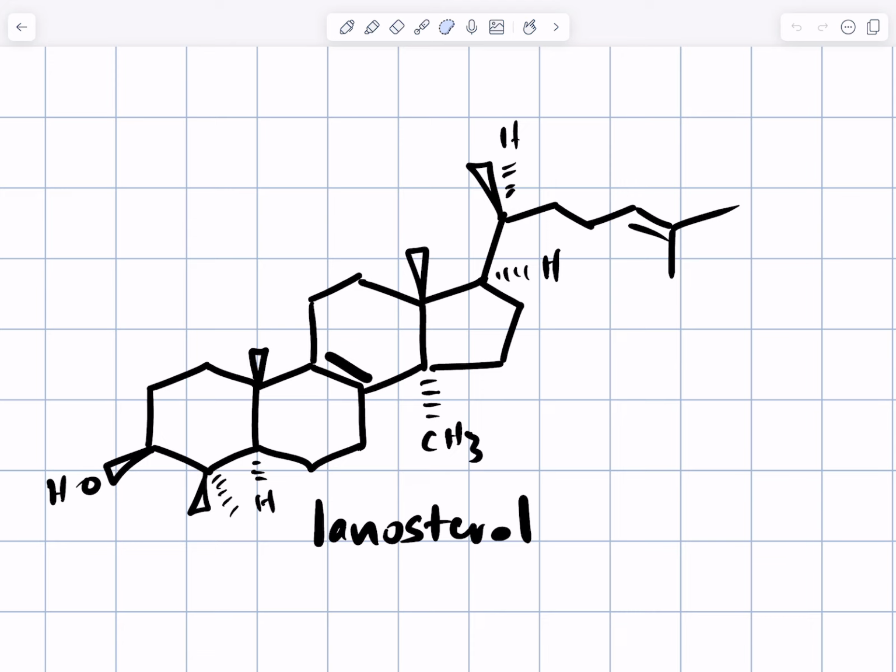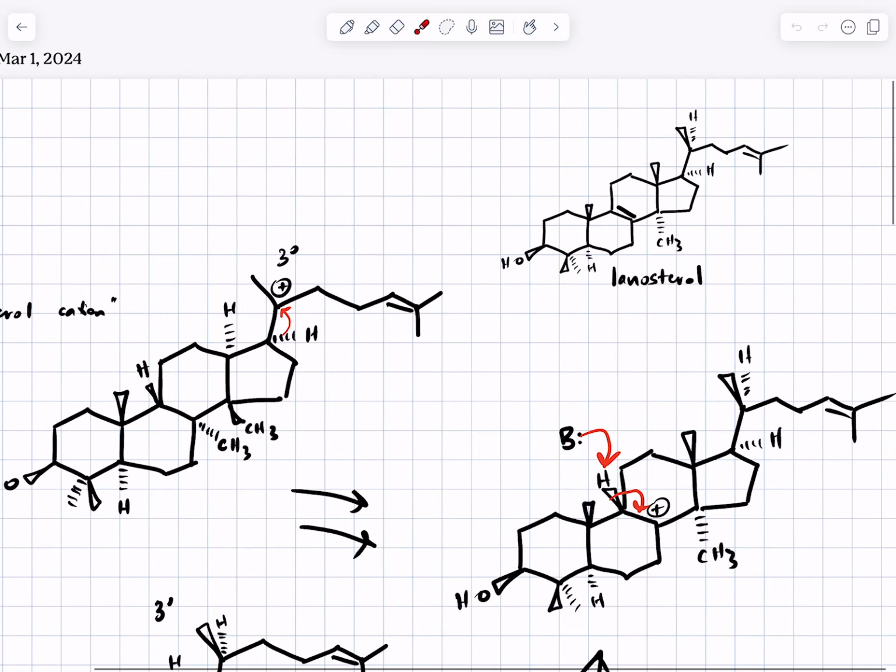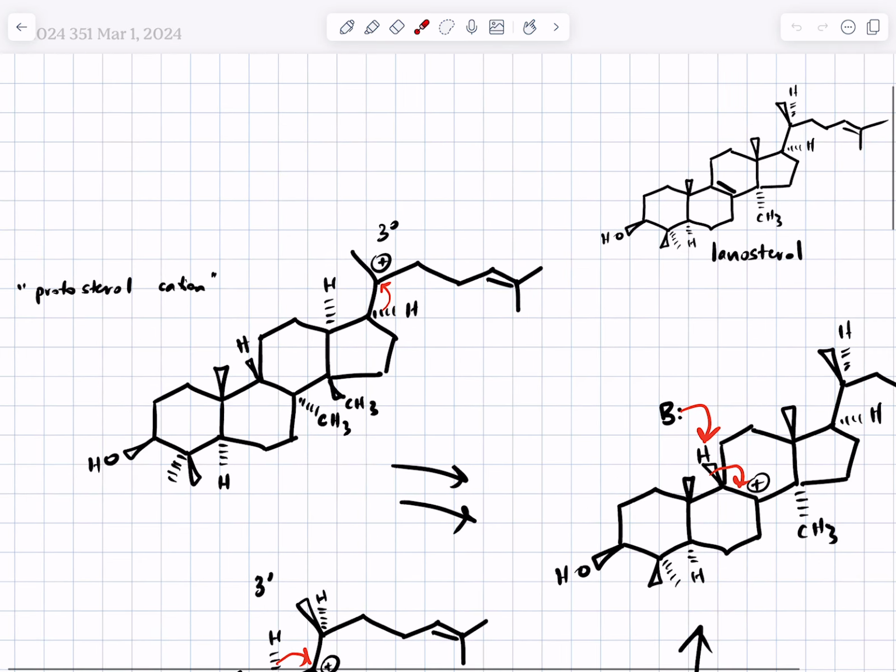As I said, cholesterol, progesterone, testosterone, estrogen, cortisol, cortisone, all of these come from this same basic core structure. We'll actually talk probably later in the class how you get all of this from a precursor that's just a line of carbons. But I wanted to show you a series of carbocation rearrangements that occur.